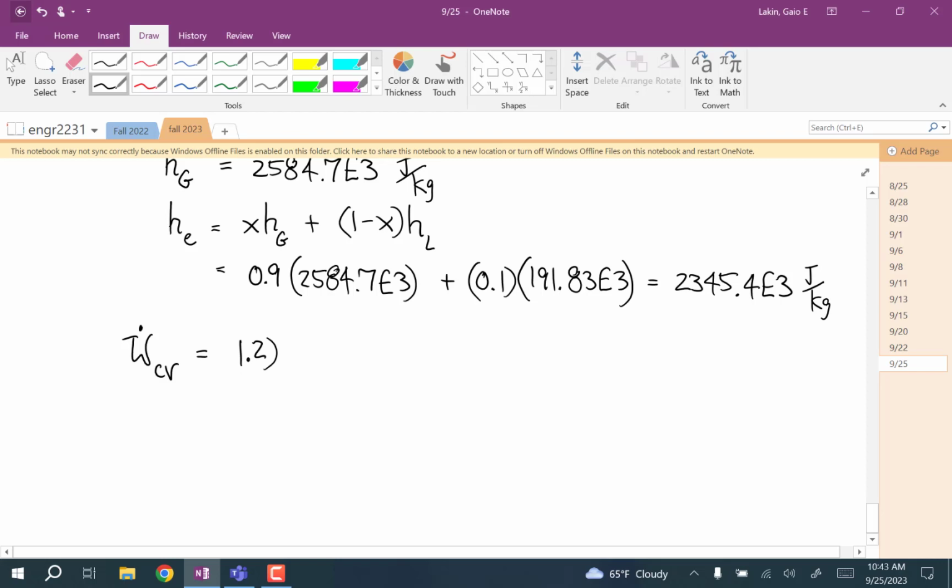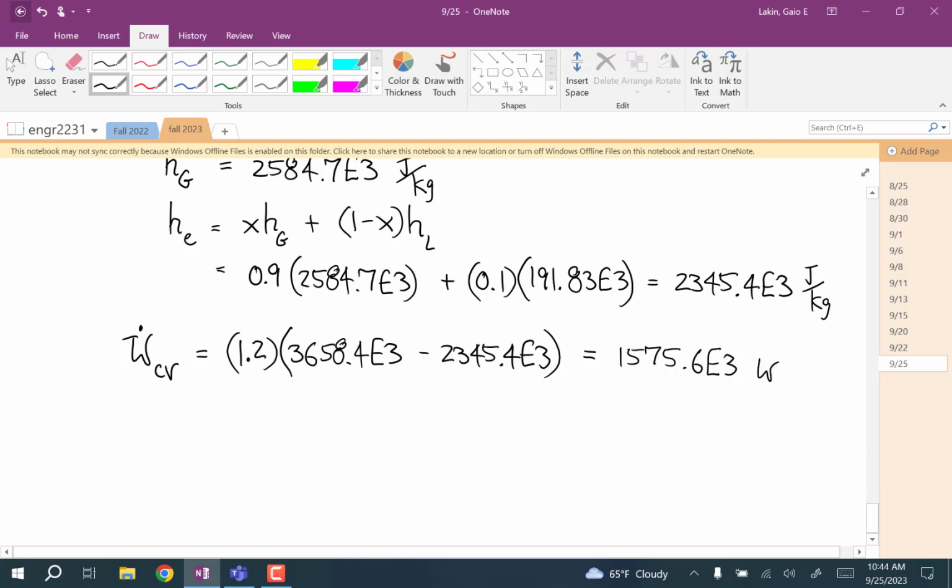So 1.2 times the quantity, 3658.4 times 10 to the third, minus 2345.4 times 10 to the third. And you get a power output of 1575.6 times 10 to the third. This is joules per second or watts.